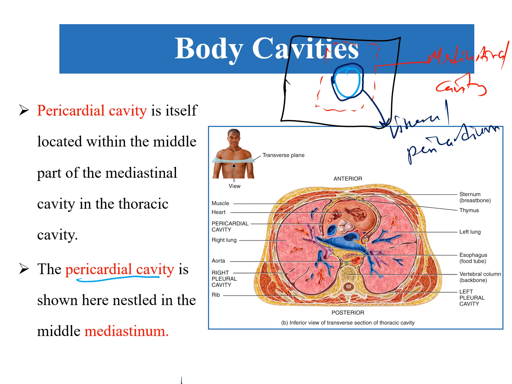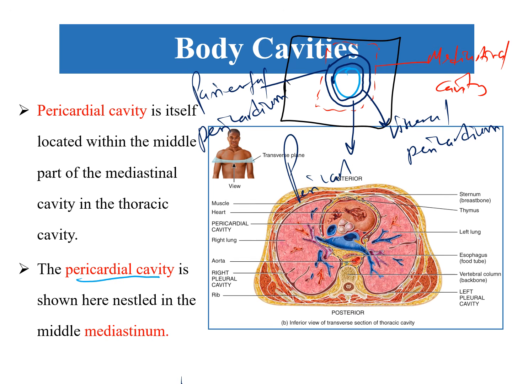And then there's also another layer that is just on the outside here, known as the parietal pericardium. The space in between the parietal pericardium and the visceral pericardium is known as the pericardial cavity.